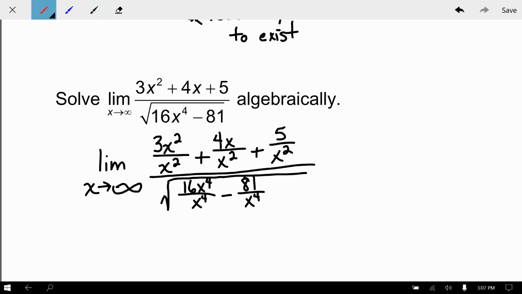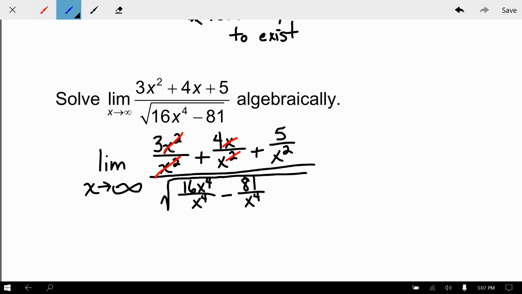Remember, I can take the limit of all of these terms individually. I can take the limit of the numerator and divide it by the limit of the denominator. A lot of the properties get thrown together into a single problem like this. Now you notice that the x squared cancels out. That limit clearly is just going to be 3. For this one, we're going to get 4x over x.